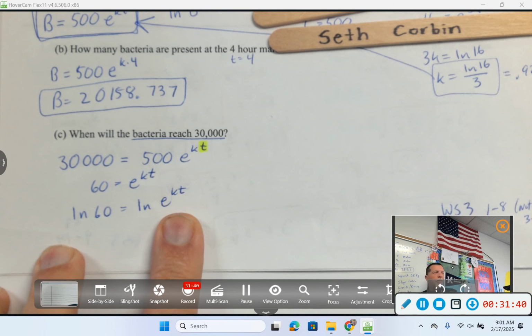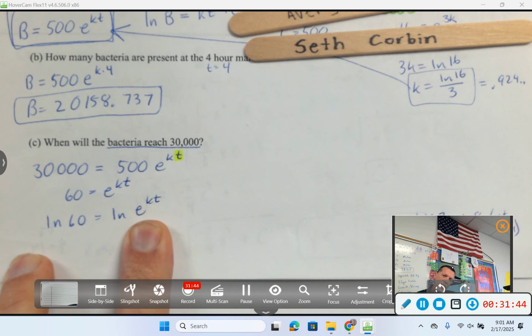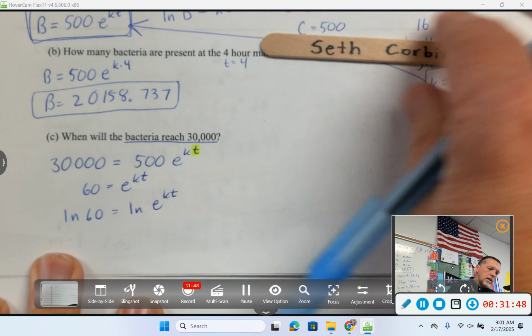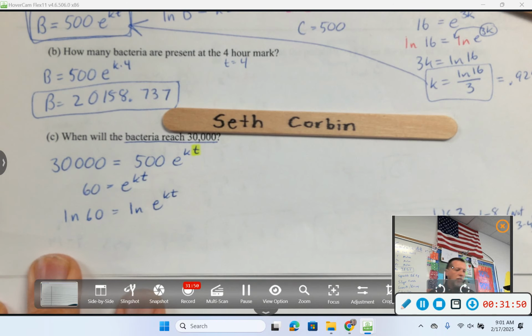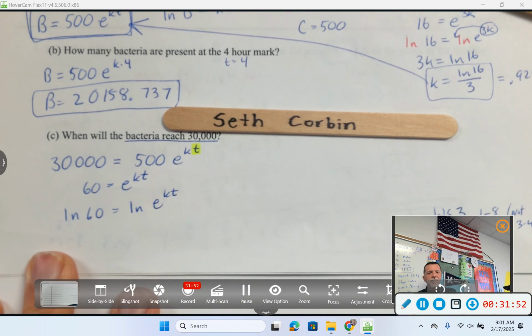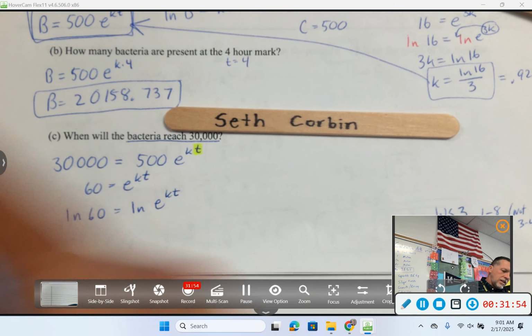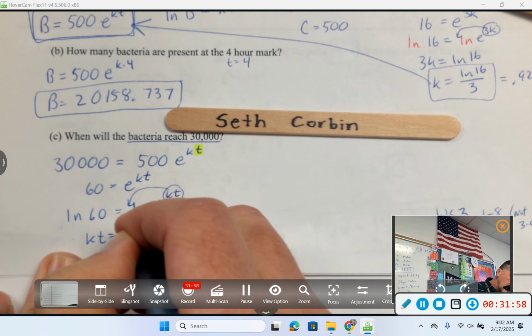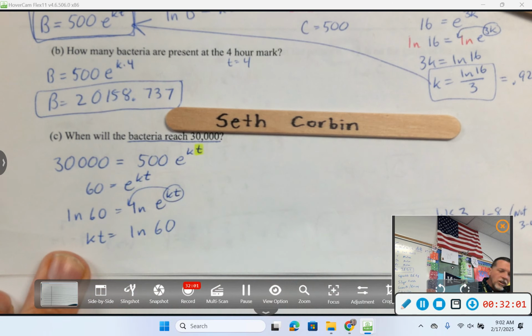It's not a variable anymore. It's not an unknown. I know what K is. I just don't want to write 0.924 every time. Seth, why did Avery natural log both sides? Because natural log of e is 1, I can bring KT down. Okay, so KT can come to the front. Natural log of E is 1.